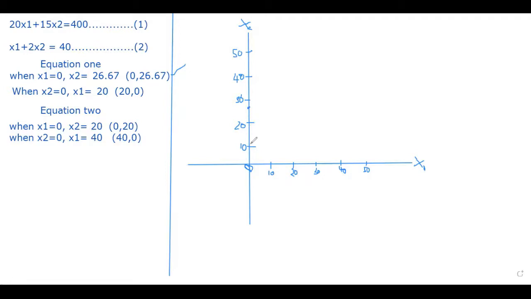Then when x1 is 20, x2 is 0, so it will be on this 20. Then you join the points.